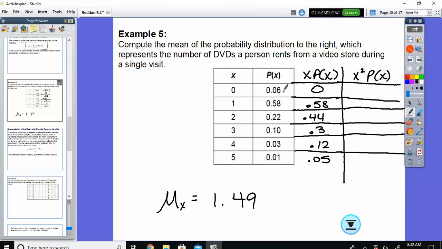Okay, so 0 squared is 0 times 0.06 is still 0. 1 squared is 1 times 0.58 is 0.58. 2 squared is 4 times 0.22, 0.88. 3 squared is 9 times 0.1 is 0.9. 4 squared is 16 times 0.03 is 0.48. 5 squared is 25 times 0.01 is 0.25. Does everybody see where I got that?